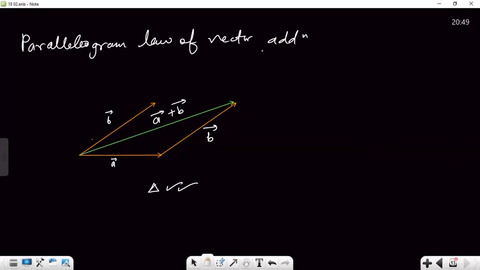Okay. Any difficulty in understanding this? You have hypothetically moved this vector. Any doubts? No, sir. Okay.